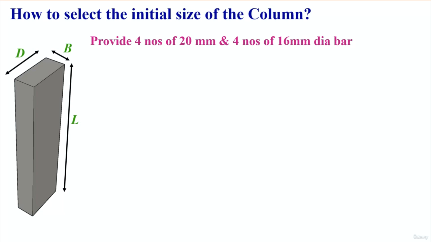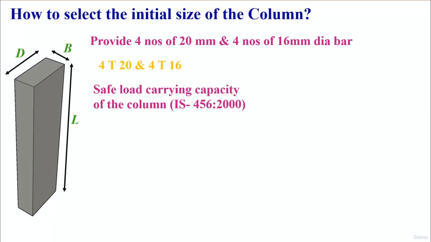Now we need to provide the number of bars. So we can split that into 4 numbers of 20 mm bar and 4 numbers of 16 mm dia bar. 4T20 and 4T16 as longitudinal reinforcement. Next we need to find out the safe load carrying capacity of the column. As per IS 456-2000, clause number 39.3, the formula is Pu = 0.4 fck Ac + 0.67 fy Asc.